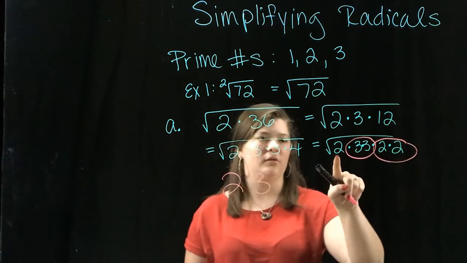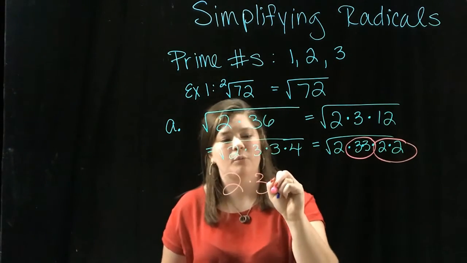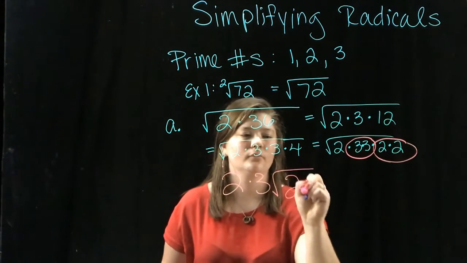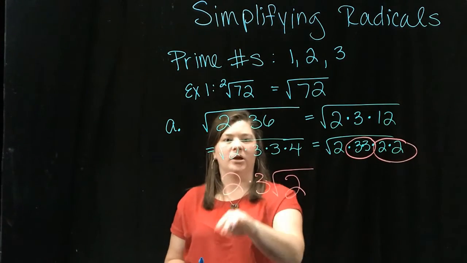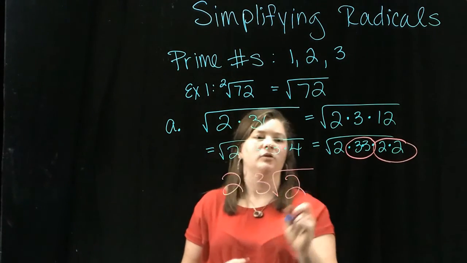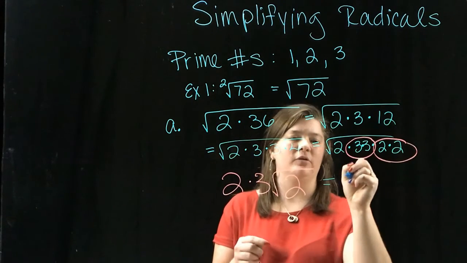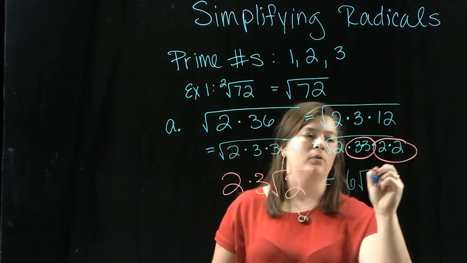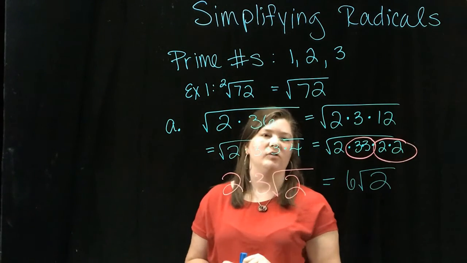Now this 2 that's left over here has to stay in the radical because it doesn't have a partner. So now that we have those outside, we can multiply those together to get our final answer of 2 times 3, which is 6, radical 2, which is radical 72 simplified.